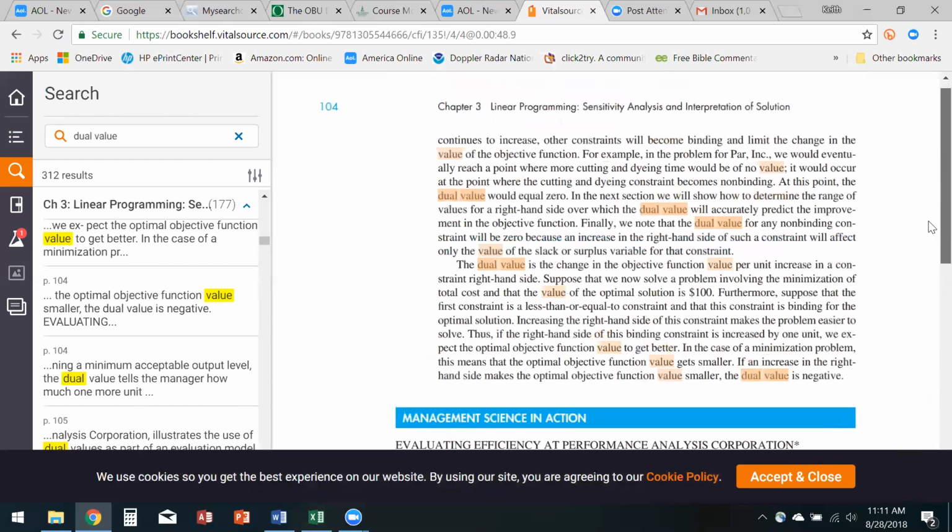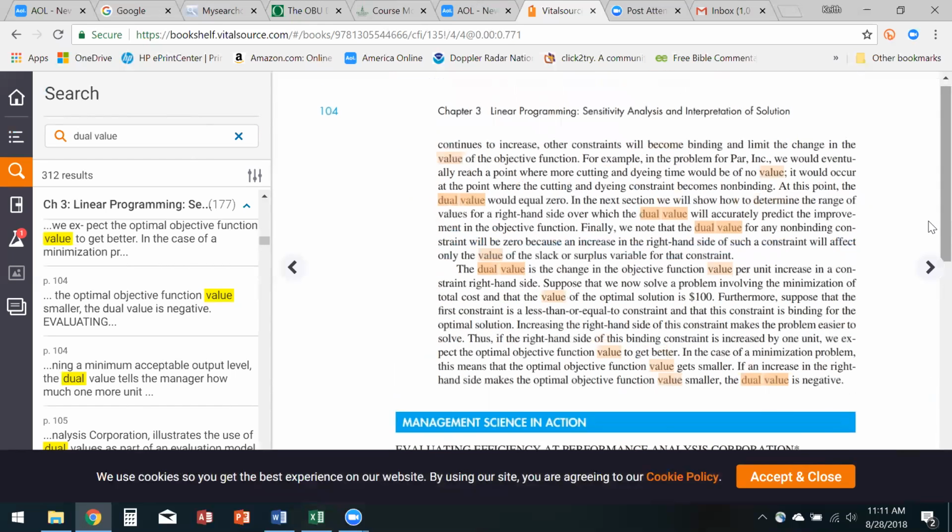It's important that you get it. It's also sometimes known as the shadow price. I know you'll want to get that into your brain. As it says on page 104, it tells the manager how much more one unit will give you. What's the marginal revenue? In other words, for each additional unit I produce, what do I get?